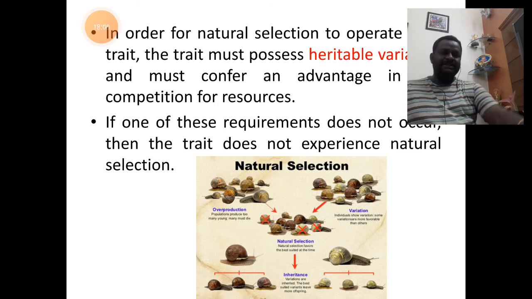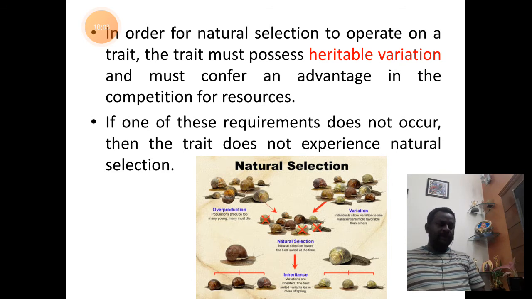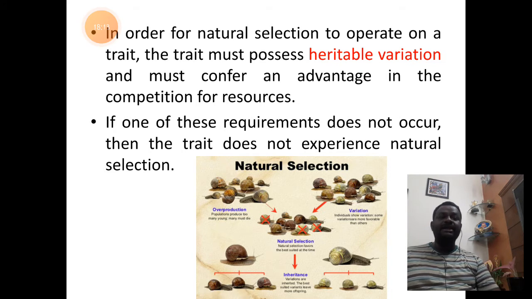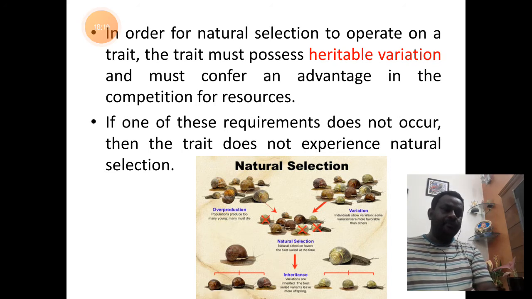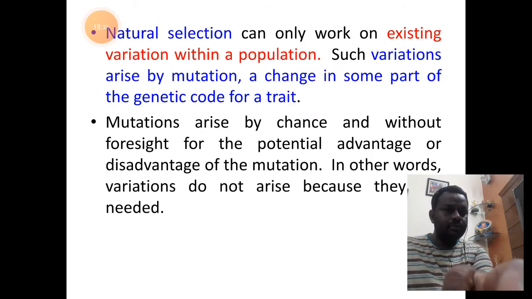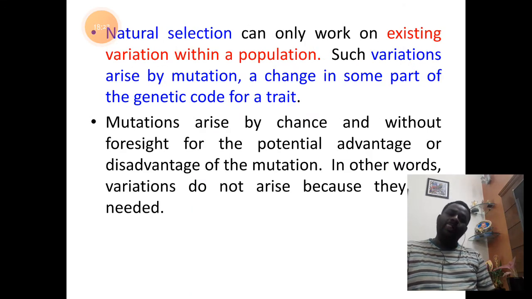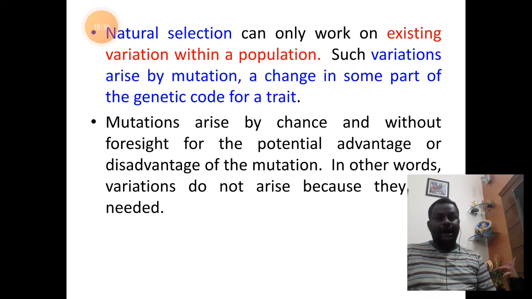These adaptive changes in the characters of organisms tend to accumulate in the organisms and later get inherited. So natural selection works on existing variations within a given selected population.